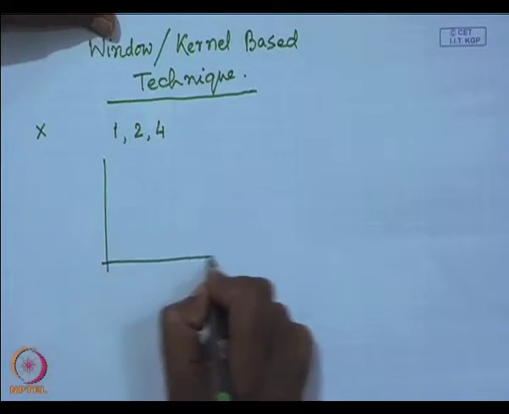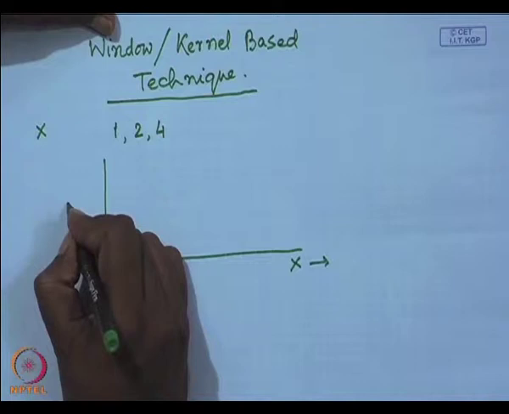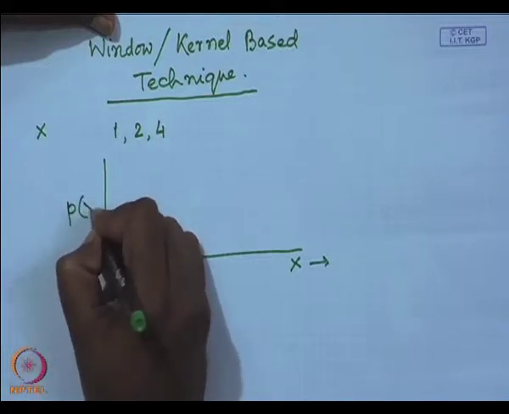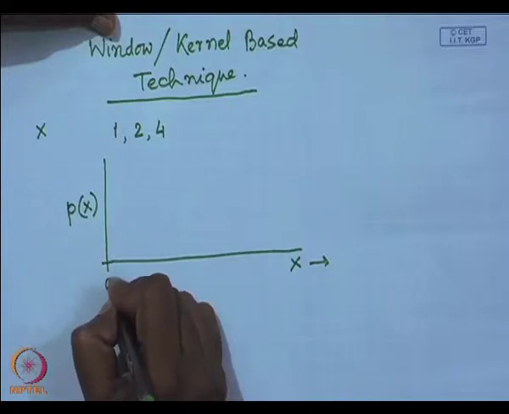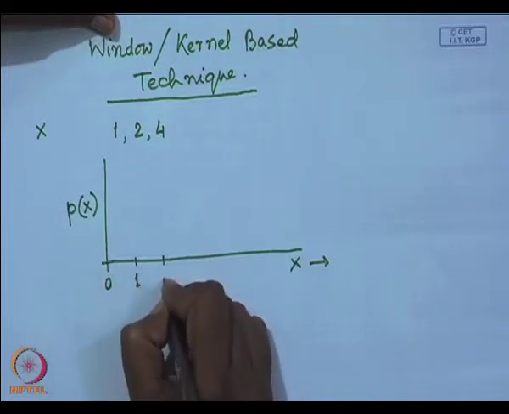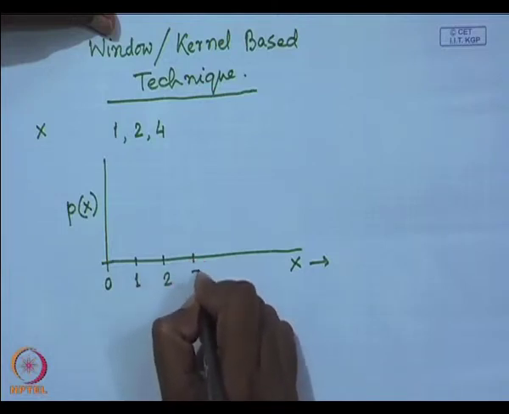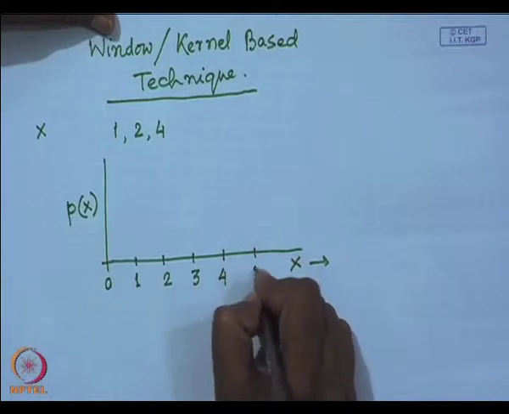I have this variable x, and on this axis I put probability of x, and I have x equal to 0 here, x equal to 1 here, x equal to 2, 3, 4, 5 and so on.